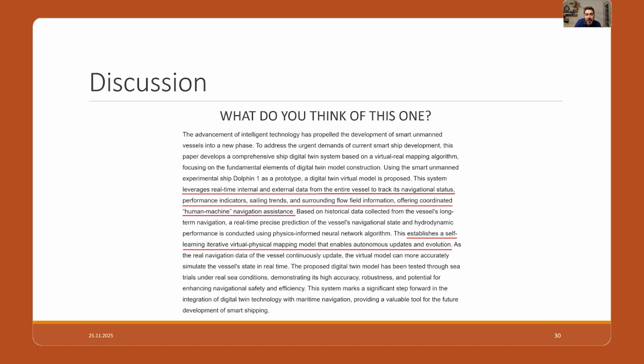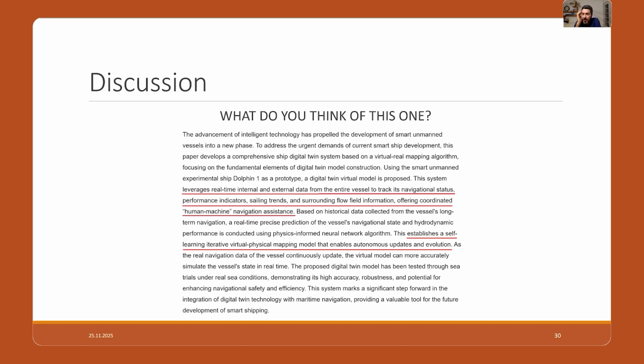The proposed digital twin model has been tested through sea trials under real sea conditions, demonstrating its high accuracy, robustness, and potential for enhancing navigational safety and efficiency. This system marks a significant step forward in the integration of digital twin technology with maritime navigation, providing a valuable tool for the future development of smart shipping.